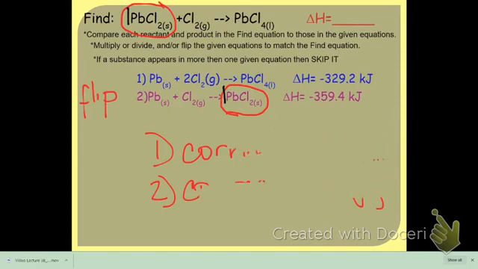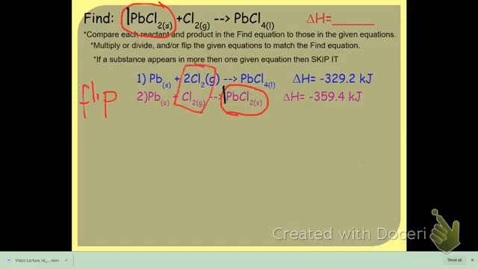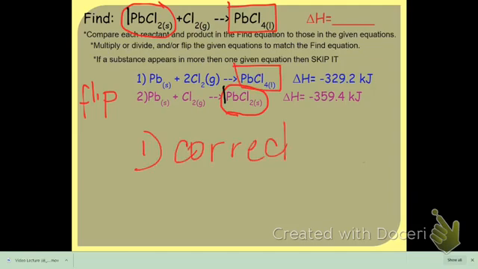Next thing we're going to look at, and again, we see that the Cl2 gas is multiple. So, we're going to leave this for last. We're not even going to try and address that. That's just too much to look at. Let's look at something else and see if we can get the other equation set up. Let's look at the PbCl4 liquid. Here's PbCl4. Again, question number 1, is it on the correct side?